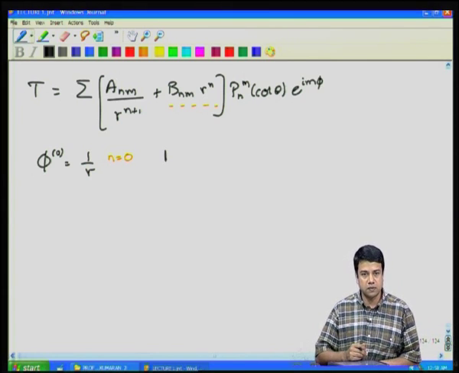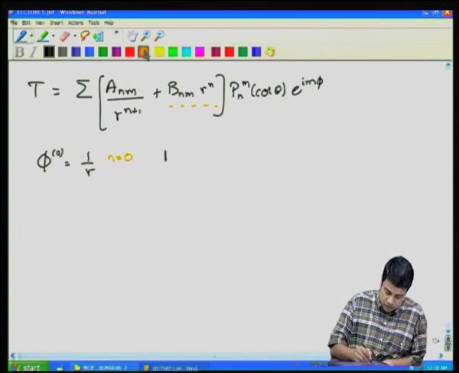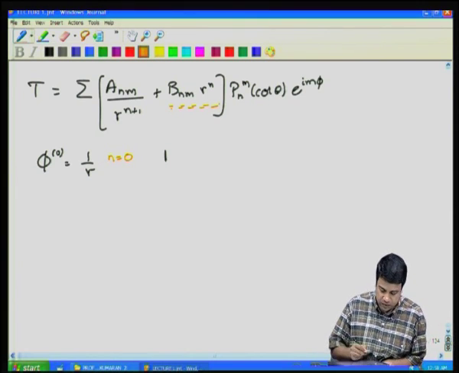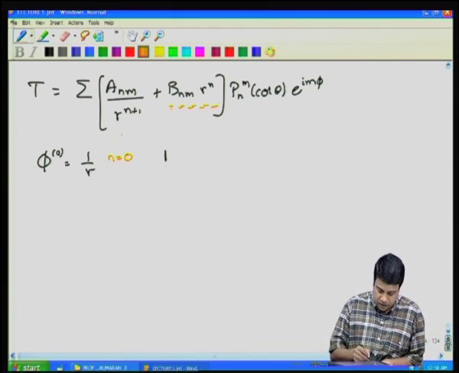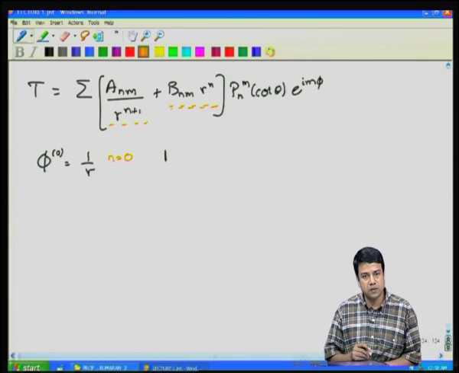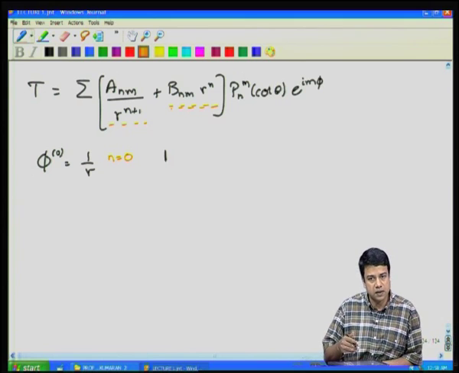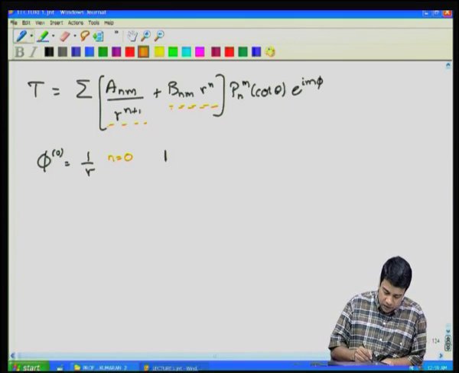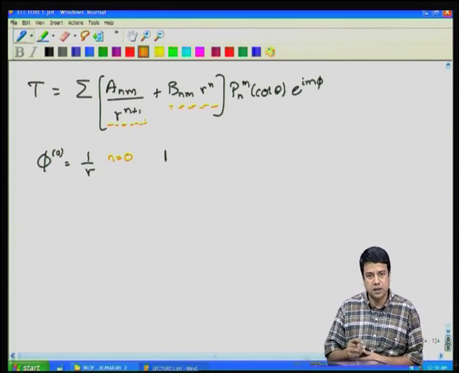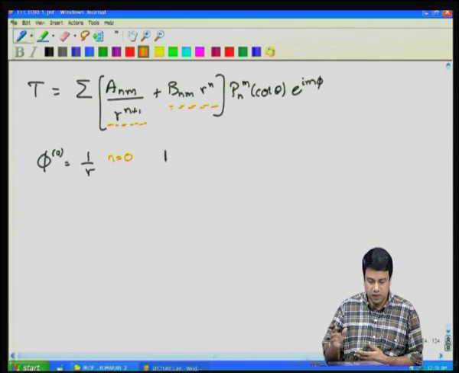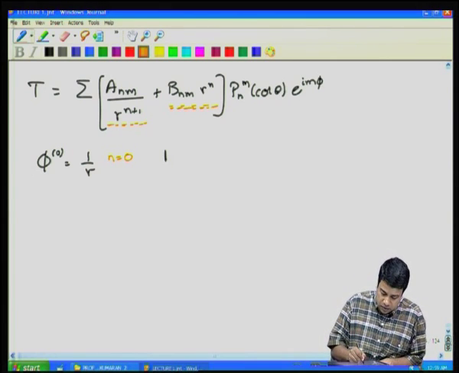For n equal to 0, I get this solution by multiplying the first solution by r power 2n plus 1. I multiply by r power 2n plus 1 to get the other solution. If you recall, these are the decaying harmonics, they decrease as r goes to infinity. These are what are called the growing harmonics, that is, they increase as r goes to infinity.